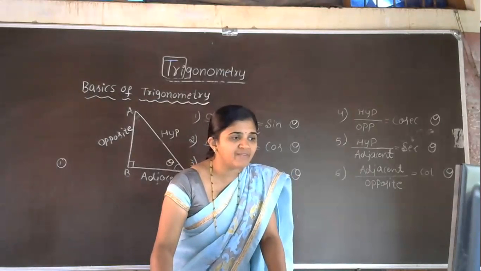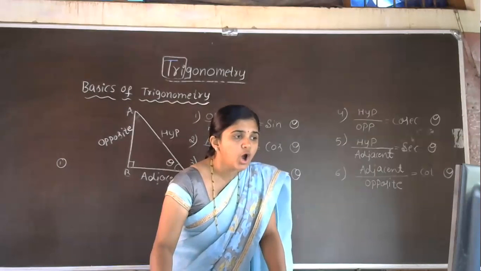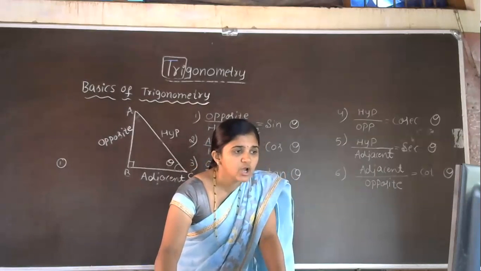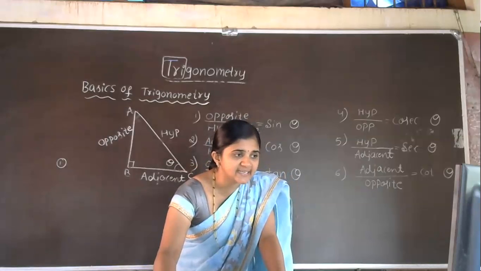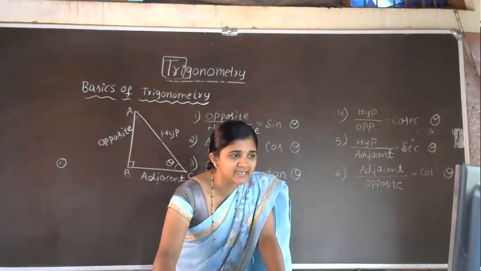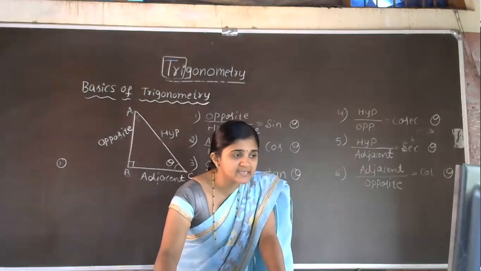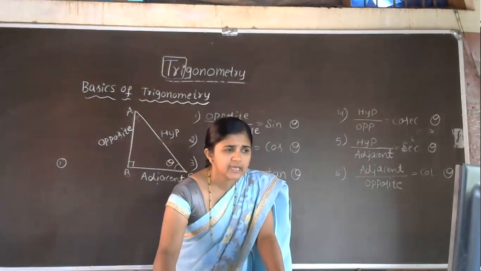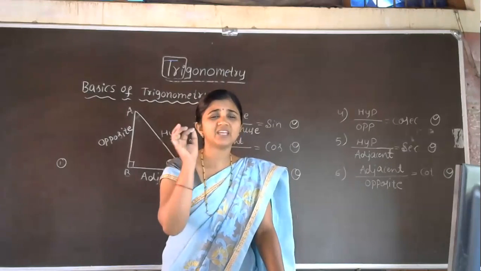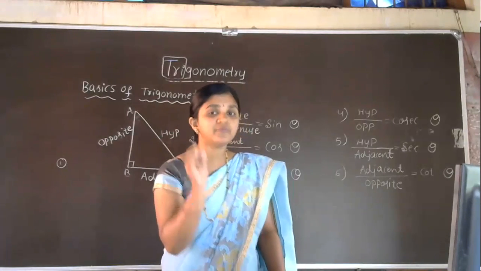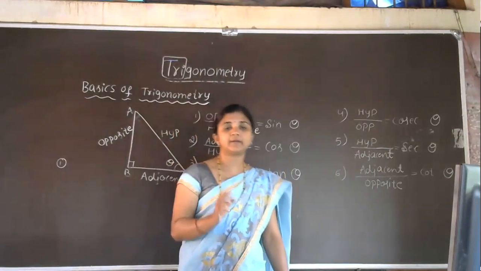Let us recall once. Sin theta is equal to opposite by hypotenuse. Cos theta is equal to adjacent by hypotenuse. Tan theta is equal to opposite by adjacent. Cosec theta is hypotenuse by opposite. Sec theta is hypotenuse by adjacent. Cot theta is adjacent by opposite. If you know this table, you can easily work out every problem of the introduction to trigonometry part.